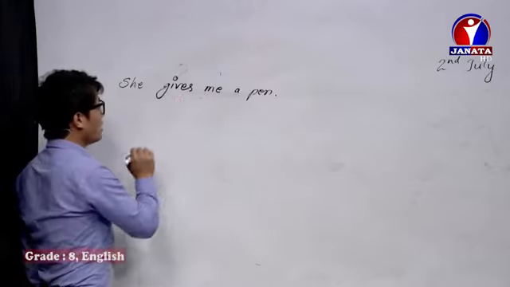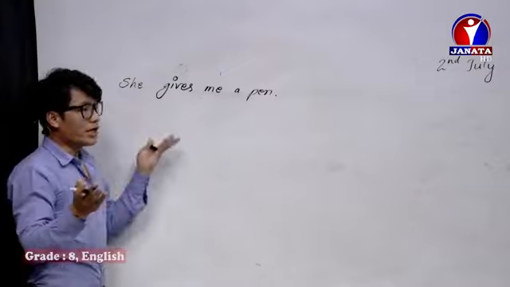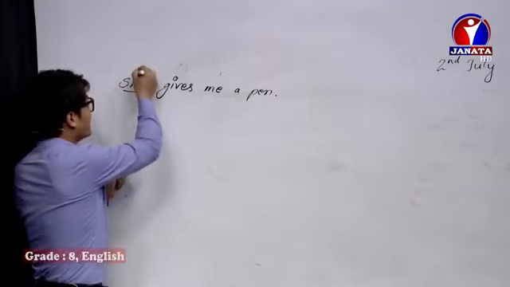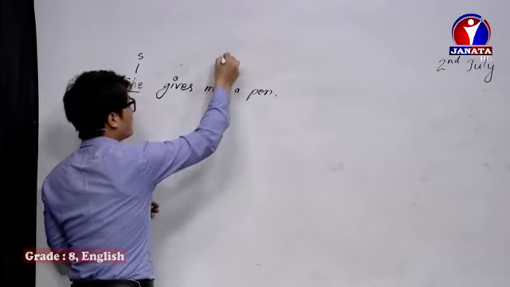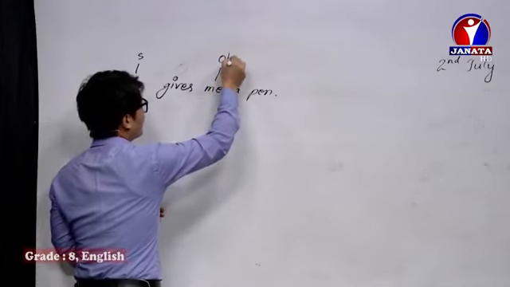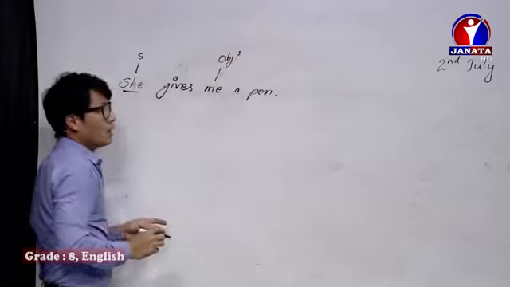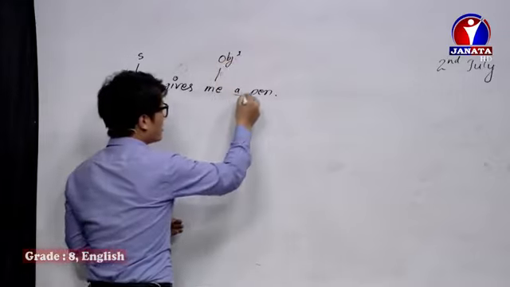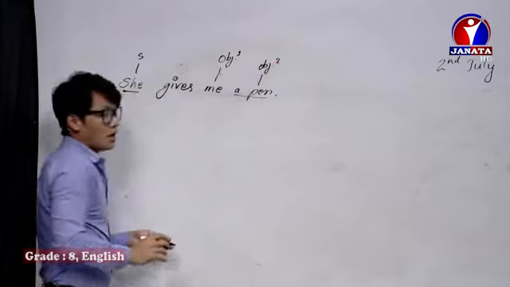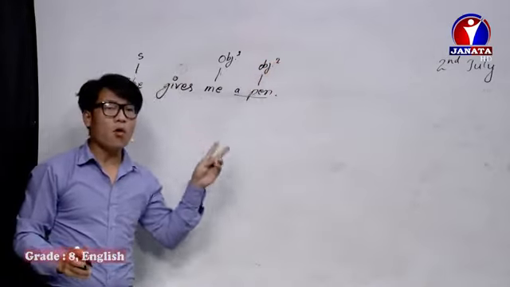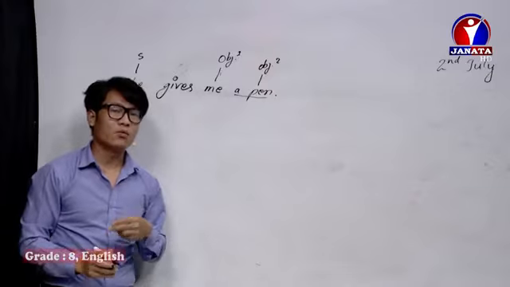So what is the object here? Who gives? She. So she is the subject. To whom? To me. So this is the object, and this is called the first object. What? A pen. So a pen is the second object. So now you can use both objects one by one.